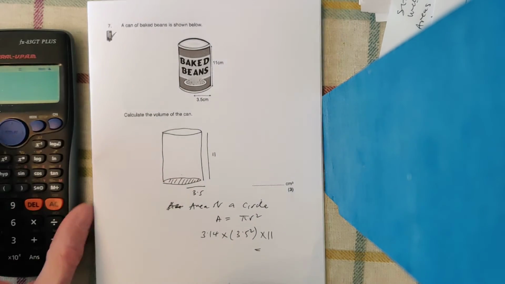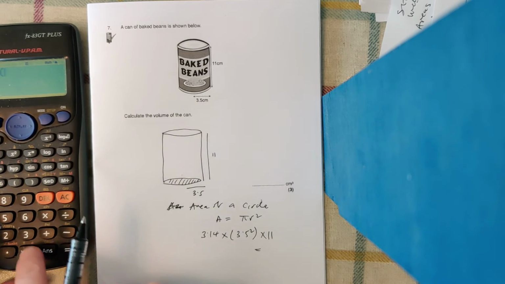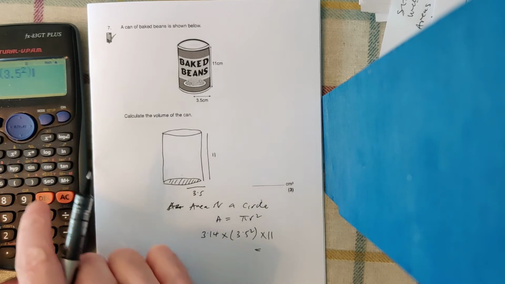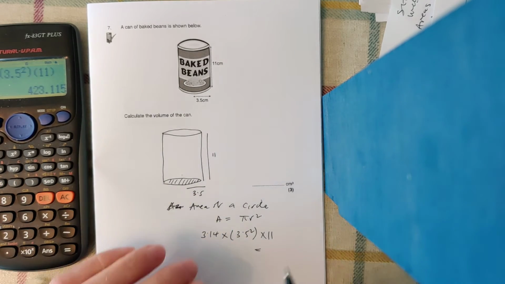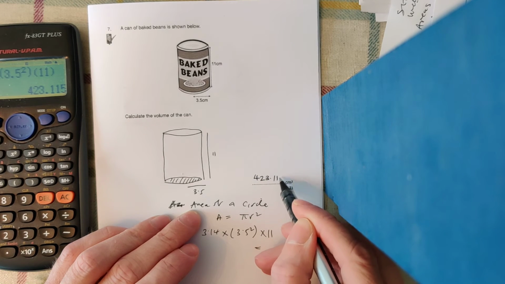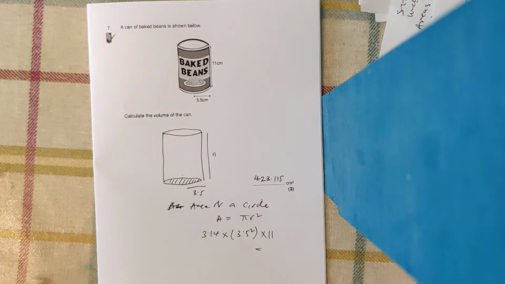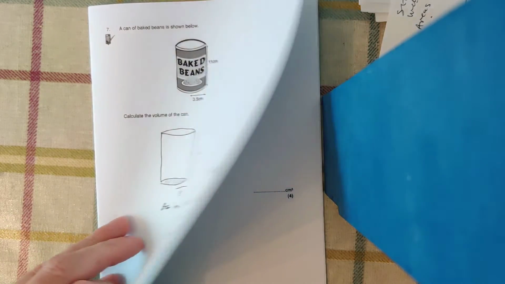That's what we're going to type into the calculator. So 3.14 times by 3.5 squared times by 11, and I'm getting 423.115. Now you could round that up if you want to 423.1, but that's the way that's working out. So that's number 7.